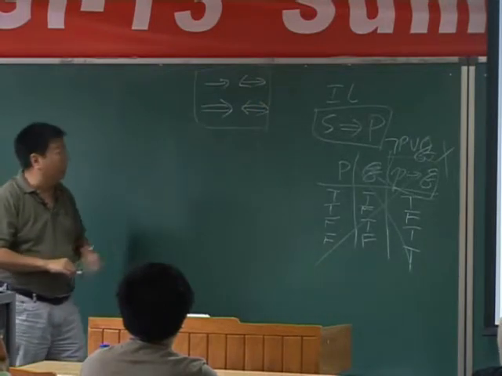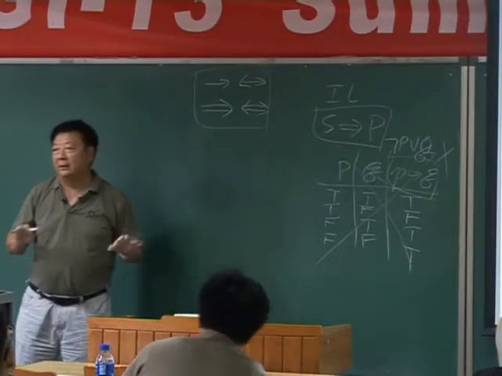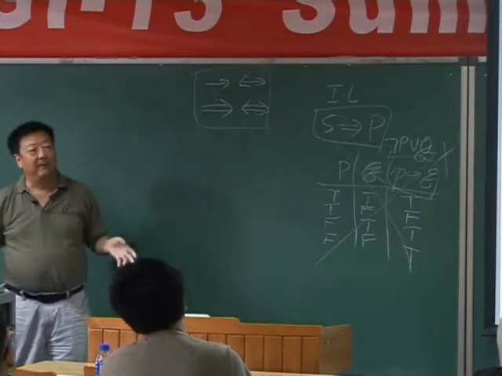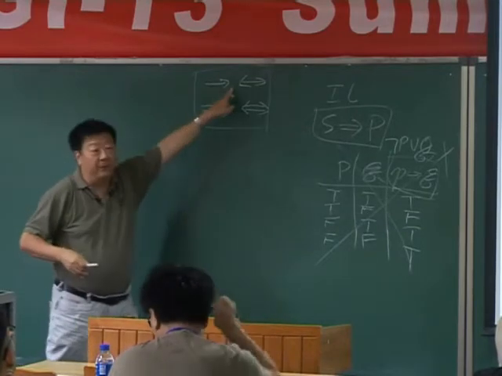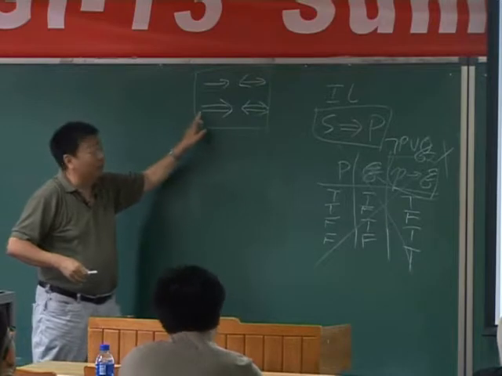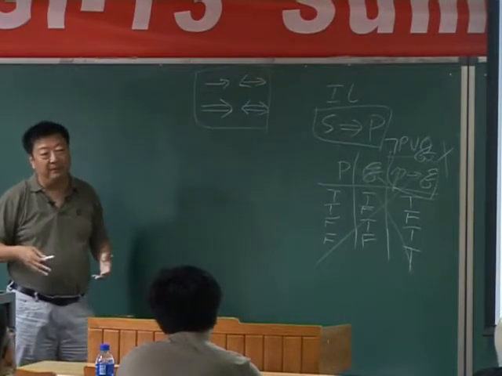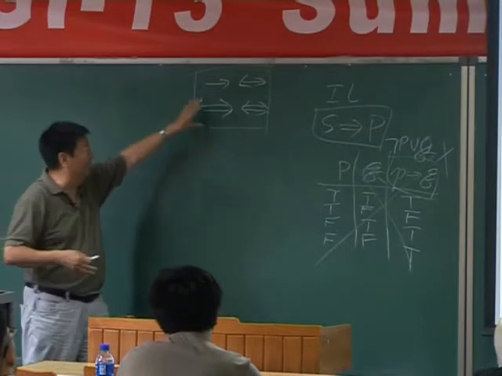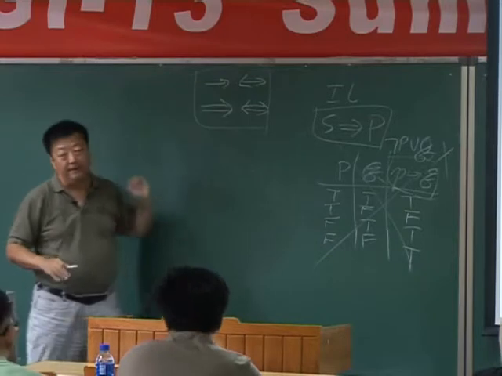This one and this one are almost perfectly parallel to each other. This is between two terms. This is between two statements. But a statement is a special type of term, so we can see this as a special form, or a variation, of this one.